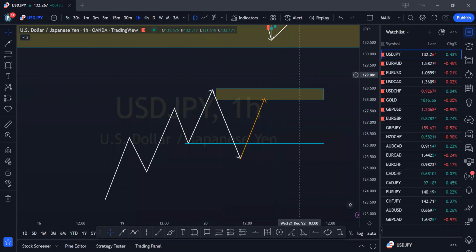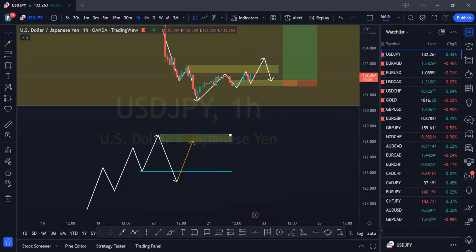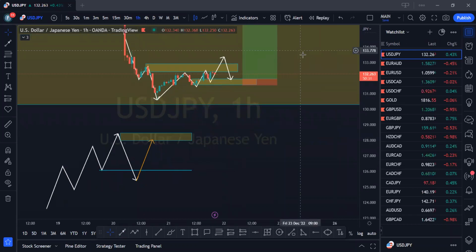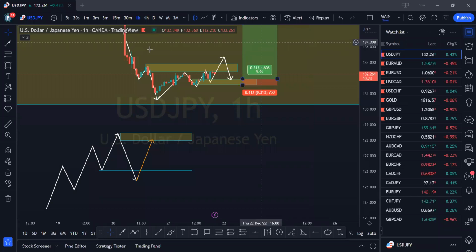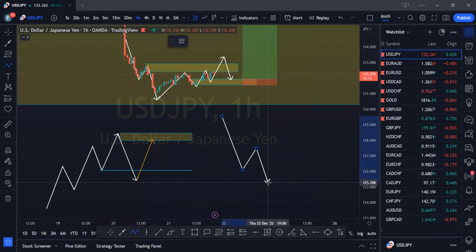On the flip side, that's the same thing that happens on the 1 hour chart here. We know that this zone is a weekly demand, and in a demand zone, we are looking to buy. So on the 1 hour chart now, price is giving you this market structure like so.